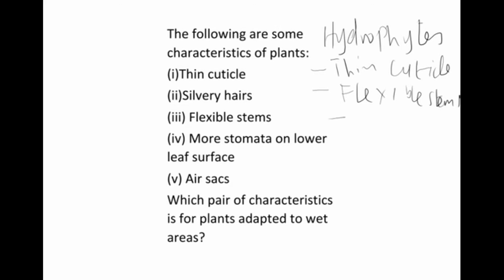Also, they have air sacs. Air sacs enable the leaves to float in the water, so that they can carry out photosynthesis, and in the case of the flowers, they are on the surface where they can carry out pollination.